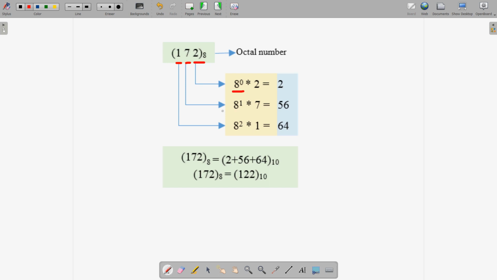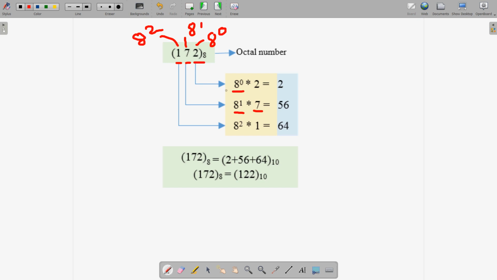Then the next 7 is multiplied with 8 to the power 1. And this last one is multiplied with 8 to the power 2.